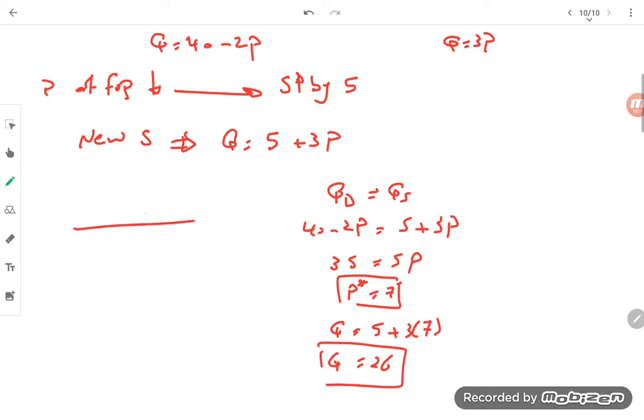In order to draw the new supply function, we have to find 2 points. When price is 0, quantity supplied would be 5, and when price is 7, quantity supplied would be 26.